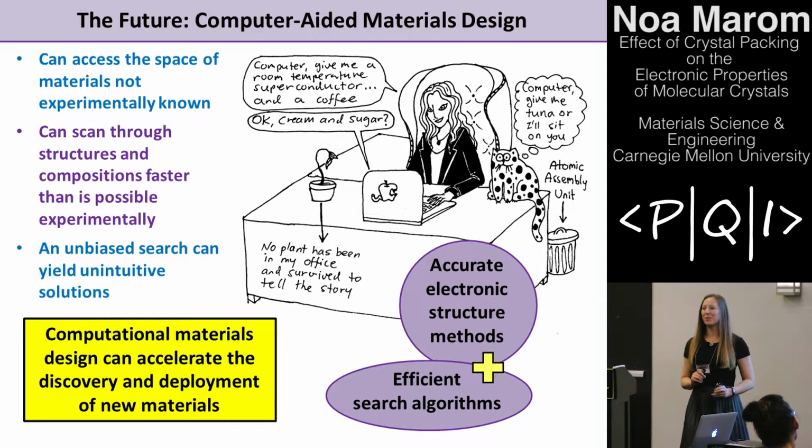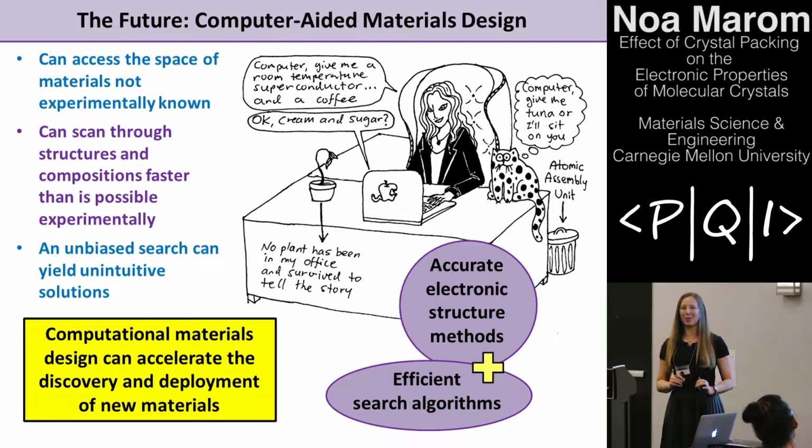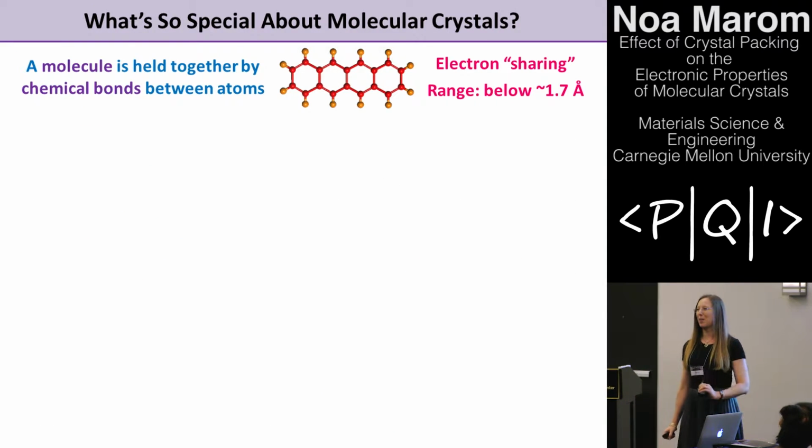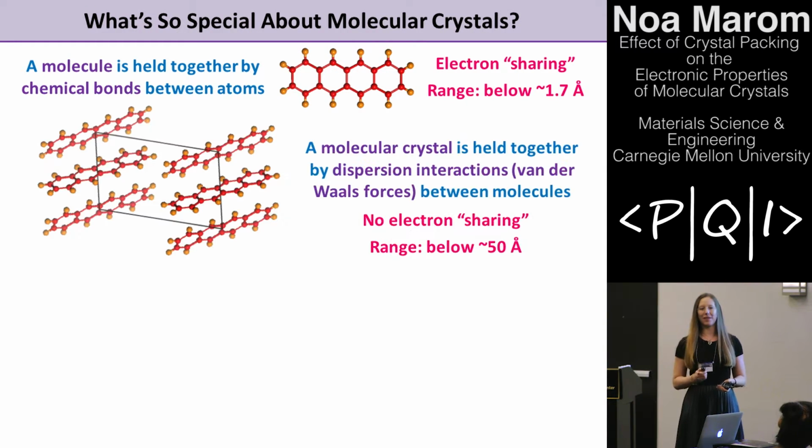So my favorite materials are molecular crystals. And if you're wondering what's so interesting about molecular crystals, well, as you may know, a molecule is held together by chemical bonds between atoms, where there is some overlap between the electron densities of different atoms. But in the molecular crystals, the molecules are pretty far apart. So there's no overlap between the electron densities of neighboring molecules.